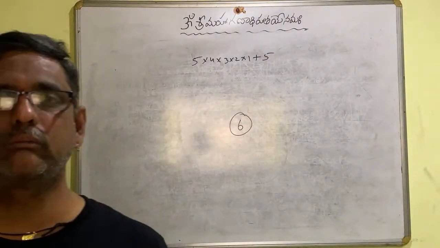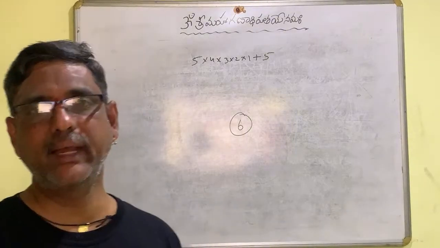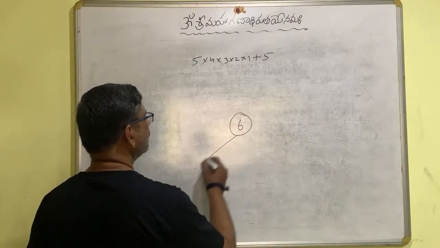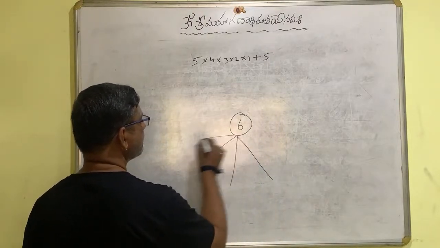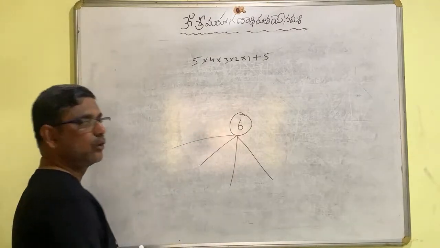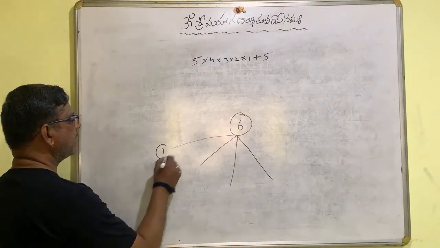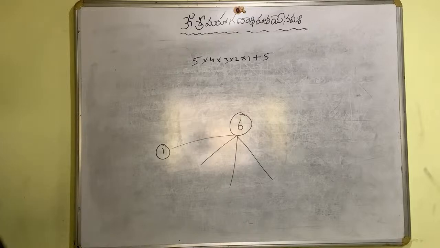If we prove 6 is having more than 2 factors, right? As I told you, 1 is a factor of every number.